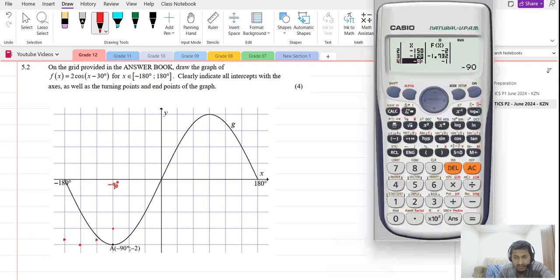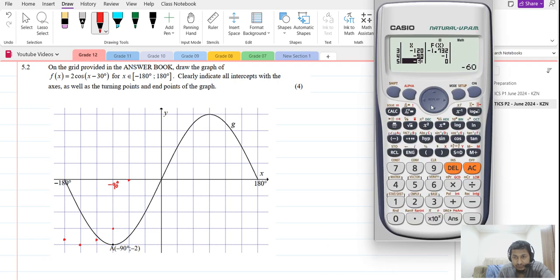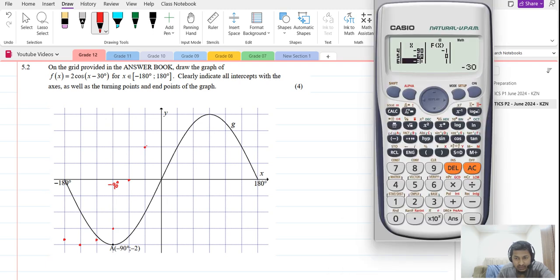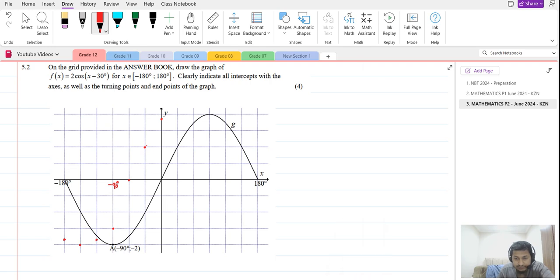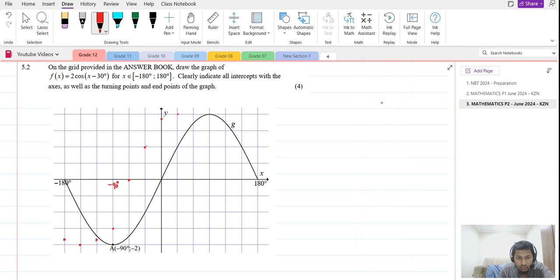At -60 it is 0. At -30 it is 1. 1 is here. At 0 it is 1.732, so somewhere around here. At 30 degrees it is 2, and obviously at 60 it is going to be 1.732, symmetrical.